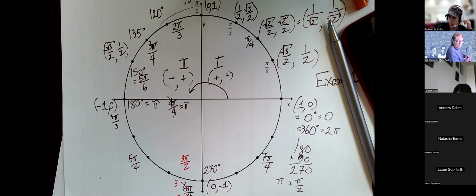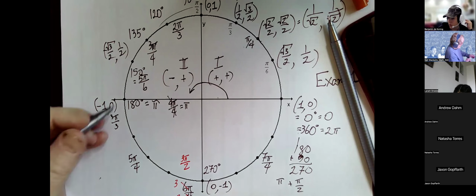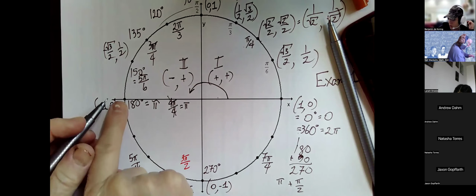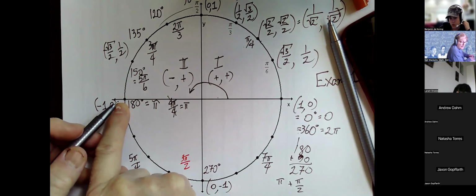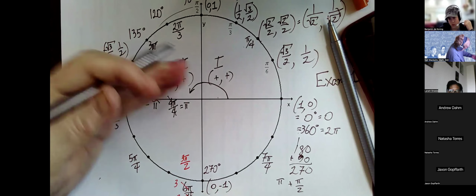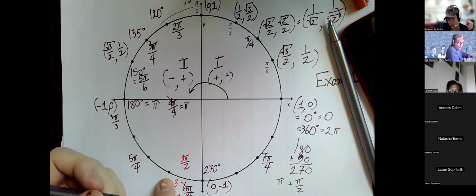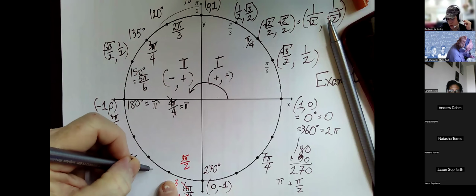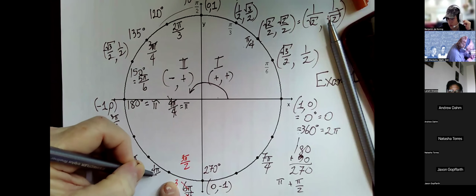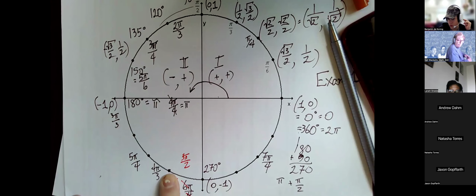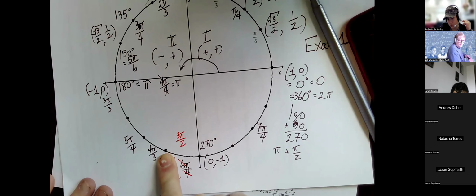Not sure. It doesn't look like it's on the thing. Well, if 3 pi over 3 is here and we add 60 degrees, that's here. So we'll end up with 4 pi over 3 at this point down here.